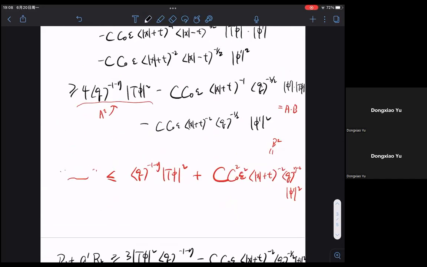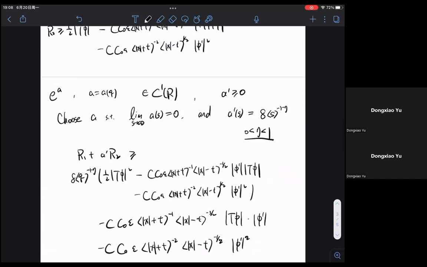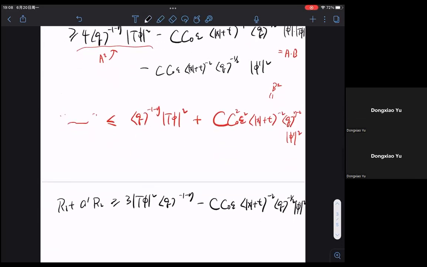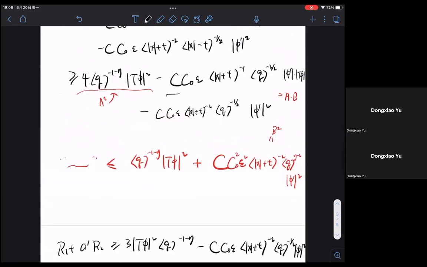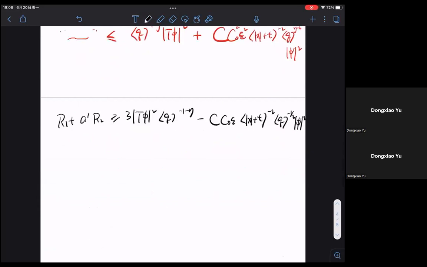Okay, because of what we have done before, the second term here can actually be absorbed by the other two terms by using the average inequalities. So this gives us the bound we like.